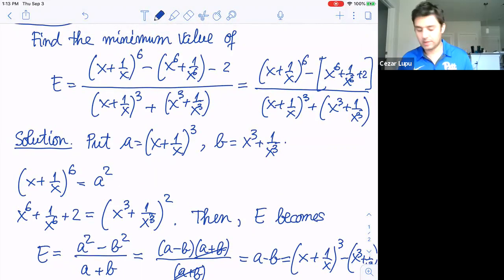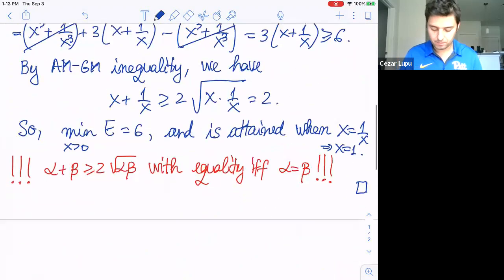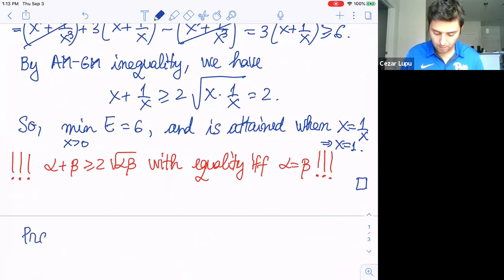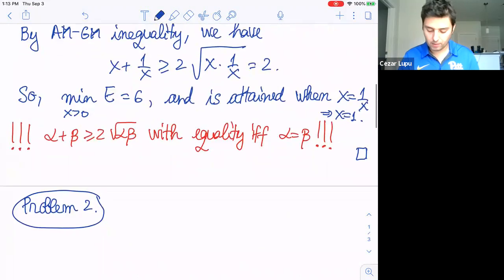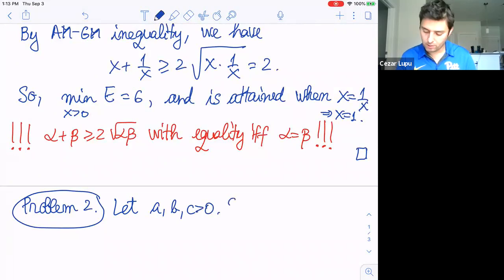Let's see the second problem. So I have a, b, c positive, and I need to show the following inequalities.